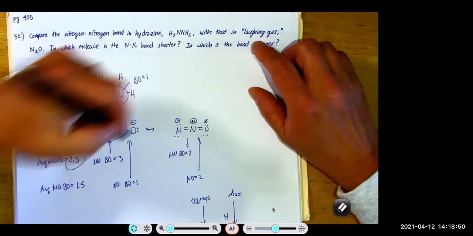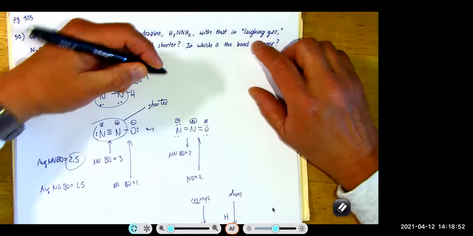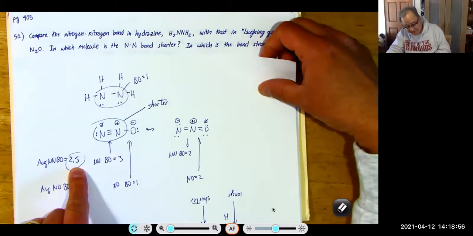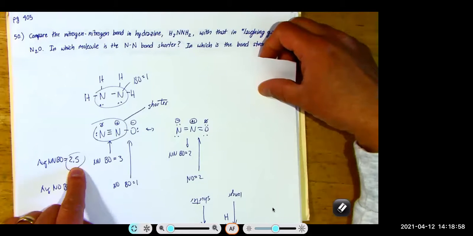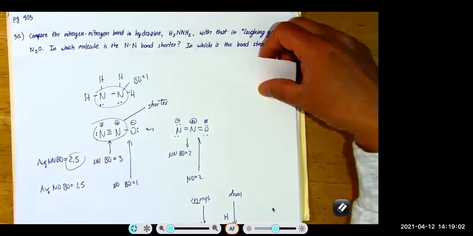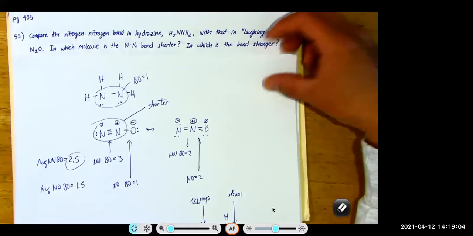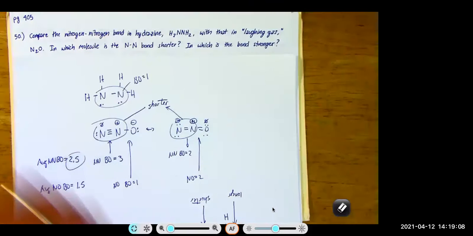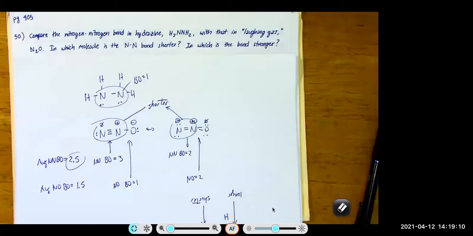The shortest one's the triple bond. Well, we don't want to call it a triple. We're going to say it's a 2.5. So this one's shorter. Because if you were comparing two that had resonant structures and they didn't have the same average bond order, that's how you'd choose.